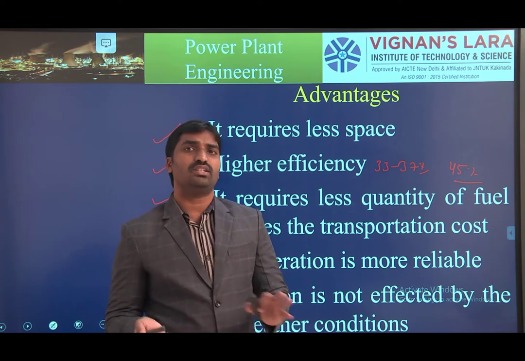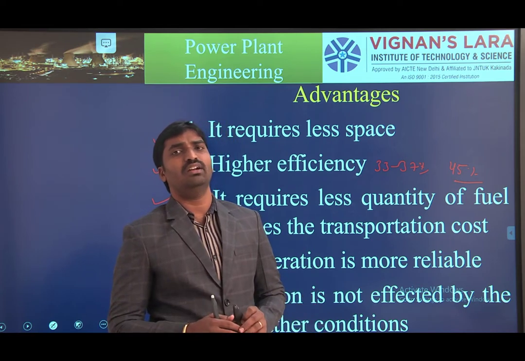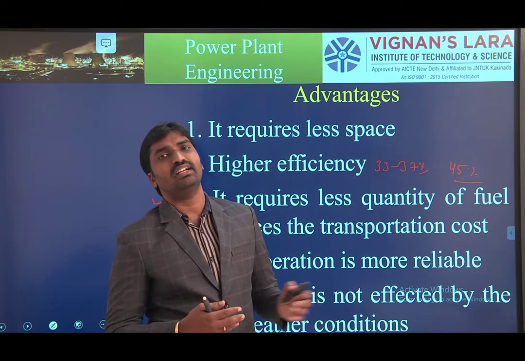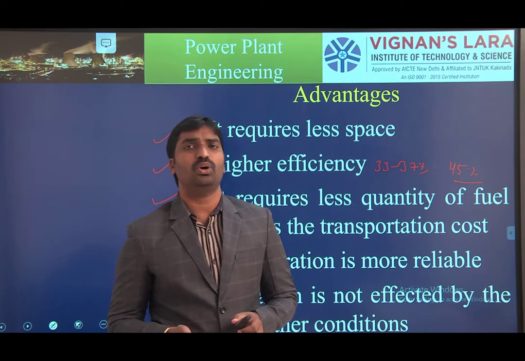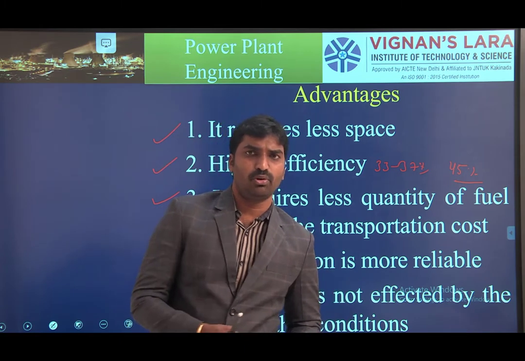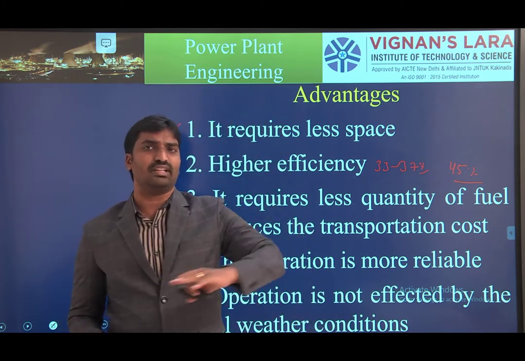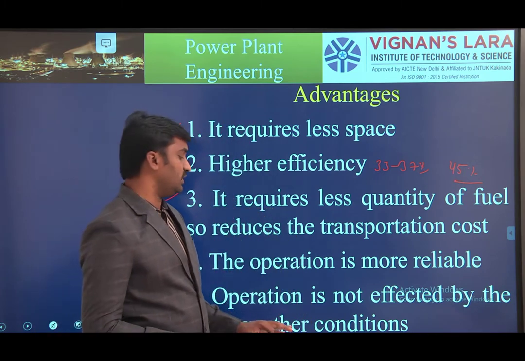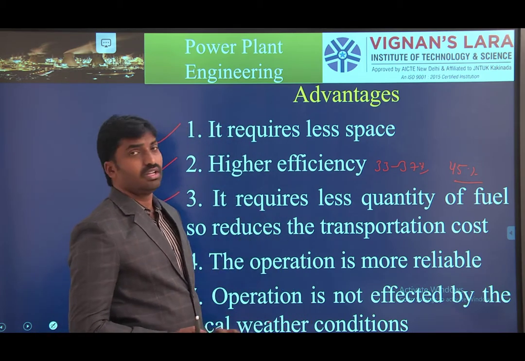And in a coal steam power plant, the availability of coal depends on different weather conditions. In the rainy season, you have to provide a waterproof cover for the entire coal. But here weather does not affect nuclear power stations much.